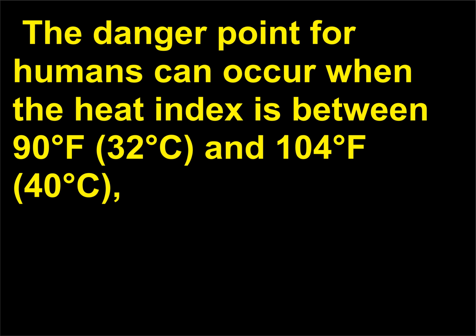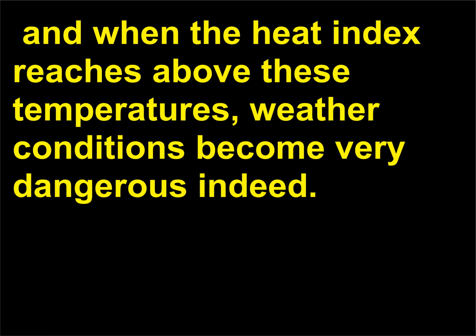The danger point for humans can occur when the heat index is between 90 degrees Fahrenheit, 32 degrees Celsius, and 104 degrees Fahrenheit, 40 degrees Celsius. And when the heat index reaches above these temperatures, weather conditions become very dangerous indeed.